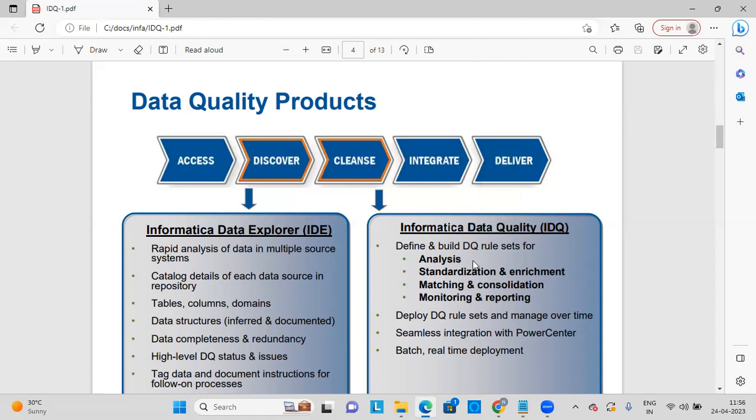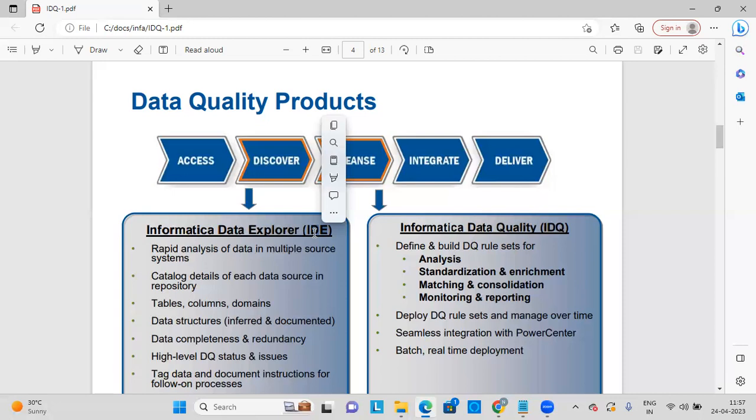Now let us talk about the left side, which is Informatica Data Explorer or Analyst. The main goal of this left side is to take care of the analysis part, in the sense of identifying the issues from the source system data. Issues could be expressed at column level, set of columns level, dependency level, link level, key level, whatever.